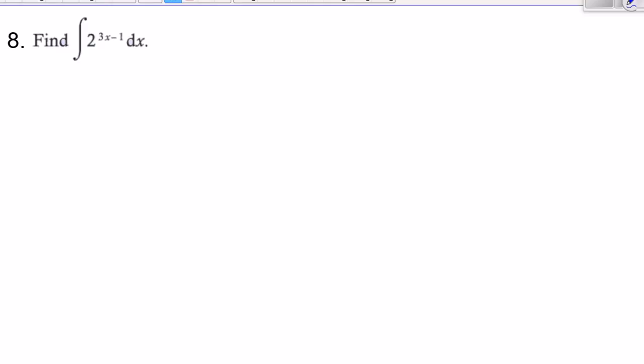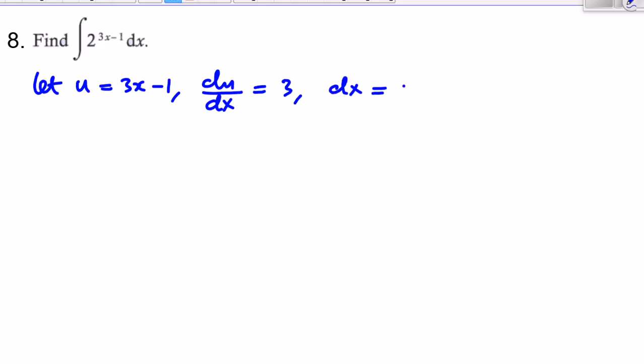Let's keep going. The next one is the integral of this. So the first thing here you can say is let u be equal to 3x minus 1. So du over dx will be 3, which means that dx is equal to du over 3.